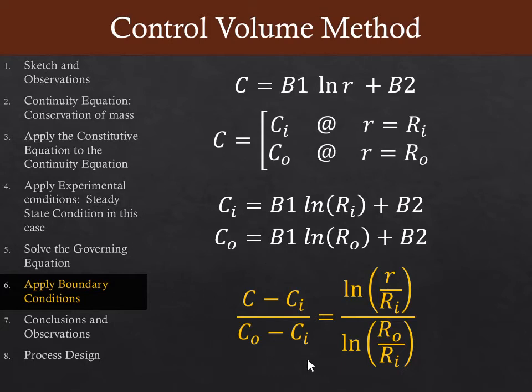But this is a nice handy form to have this solution in, because it gives us a relative fractional value for concentrations. So our solution concentration relative to the initial surface divided by the difference in the two surfaces.